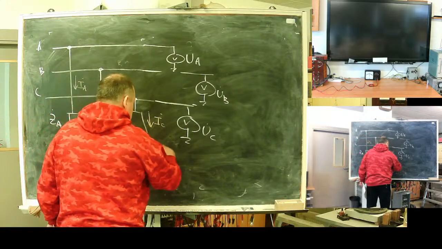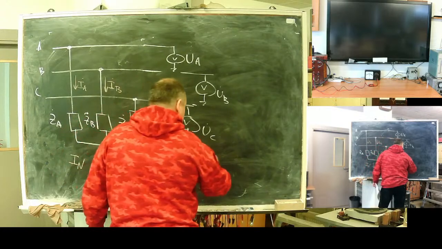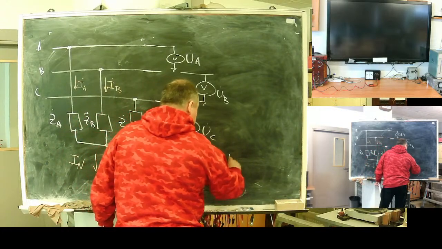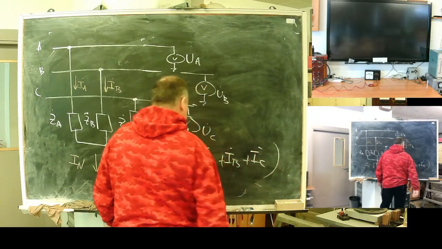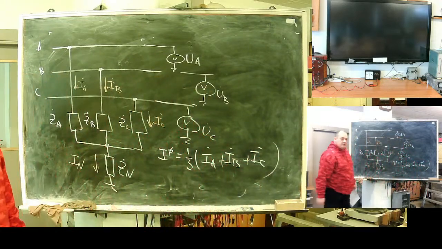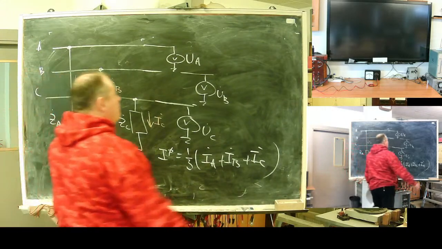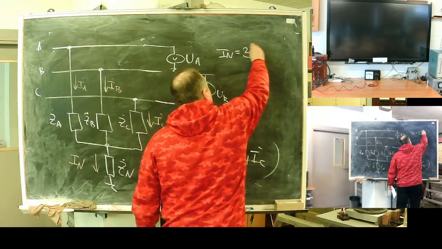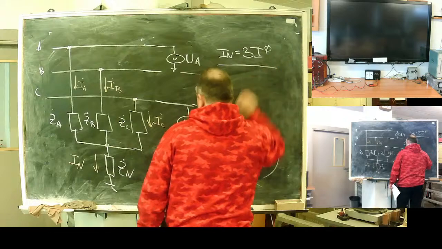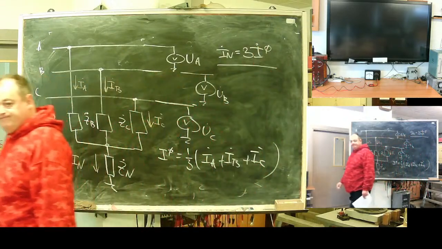Since zero sequence current is 1/3 of A phase current plus B phase current plus C phase current, you can check it from the start point. I can say what my neutral current is: triple zero sequence current.